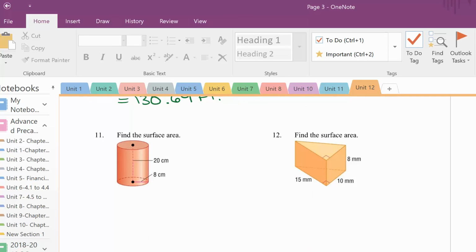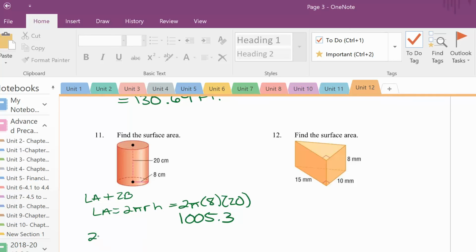All right, then the surface area here of the cylinder. Well, remember, that's lateral area plus the area of the two bases. The lateral area here is 2 pi r h, which is 2 pi times 8 times 20, and that equals 1005.3.